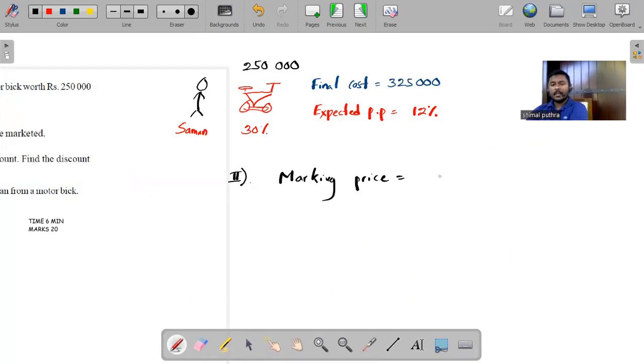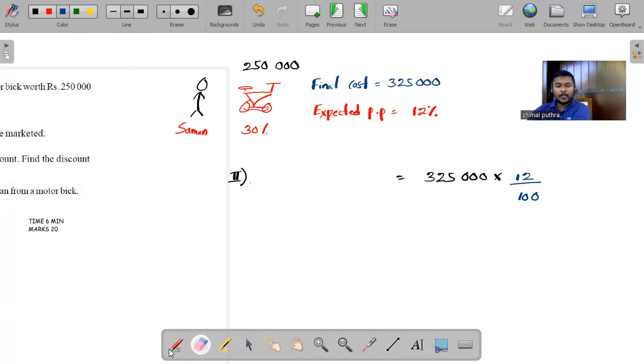Already he paid 325,000. He is expecting 12% profit. So from the 325,000 into 12%, this is not the marking price. This is the expecting profit.